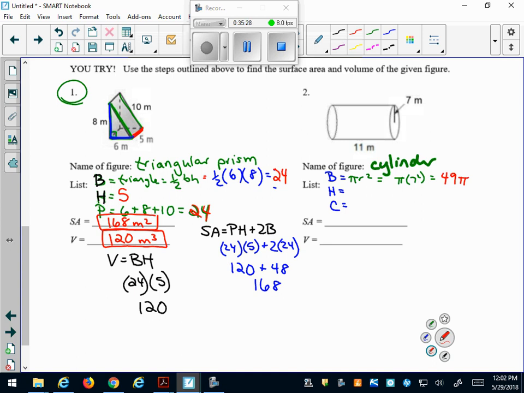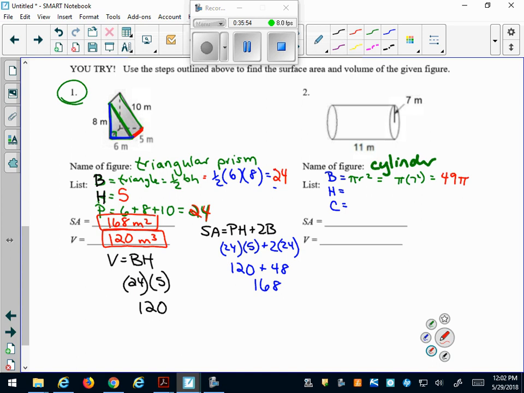So 49 pi is the exact answer. Remember, if you're asked to leave your answers in exact form, then you want to leave it with pi in your answer. If we change this to a decimal, you could put 49 times the pi button in your calculator and get a decimal. But it's good to keep it exact till the end anyway.